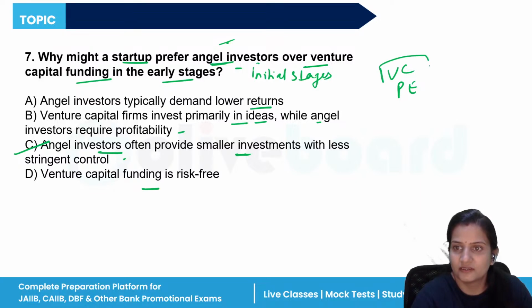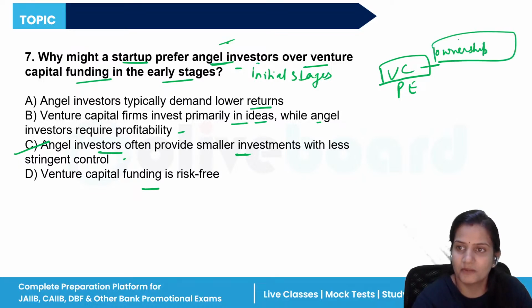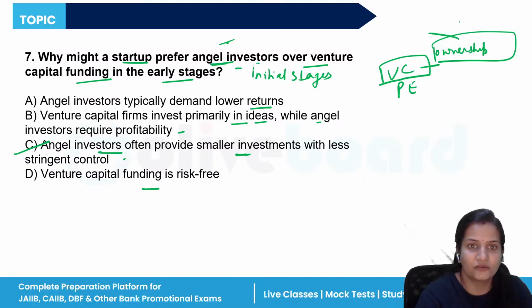What happens? Venture capitalists, if they invest in your company, they take a part of your company, they take ownership in your company, and they are risky, because they invest only in such kind of business which will generate a huge profit, whose reputation and goodwill is good in the market.